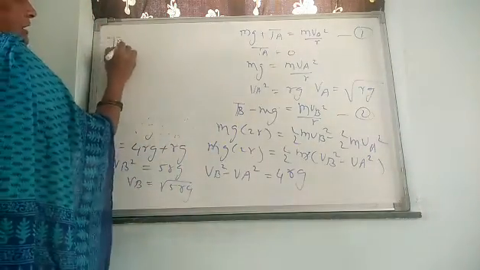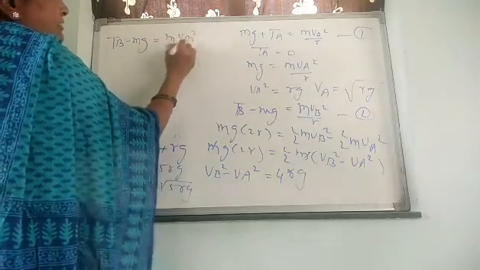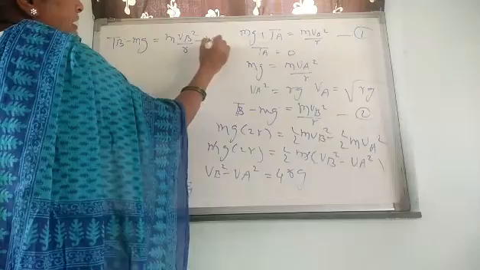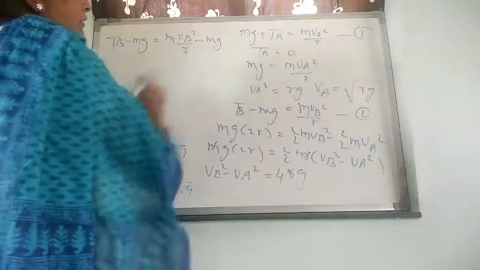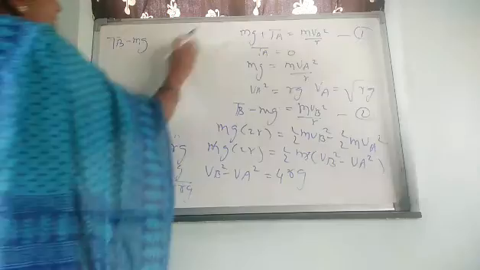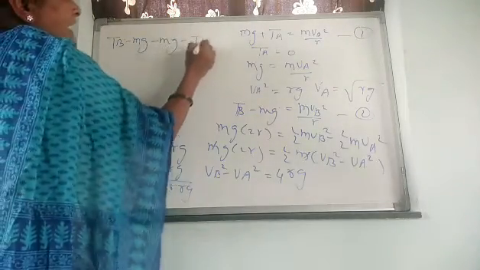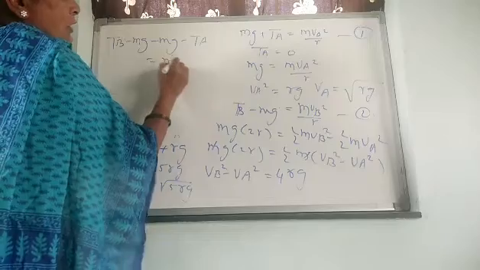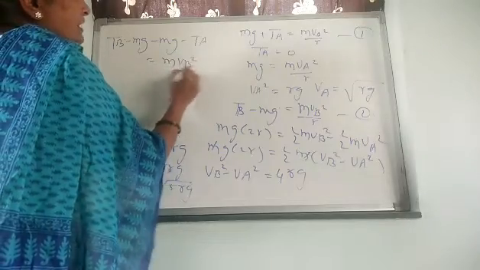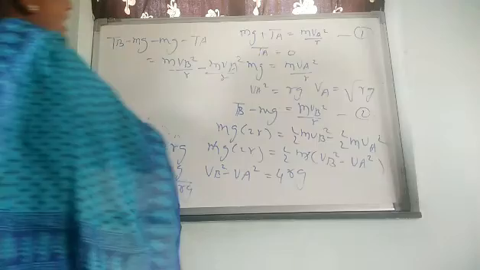Then Tb minus mg minus Ta is equal to m vb square upon r minus m va square upon r.